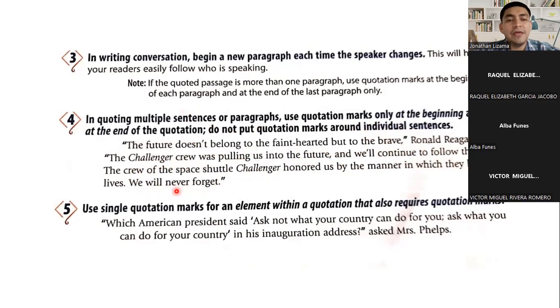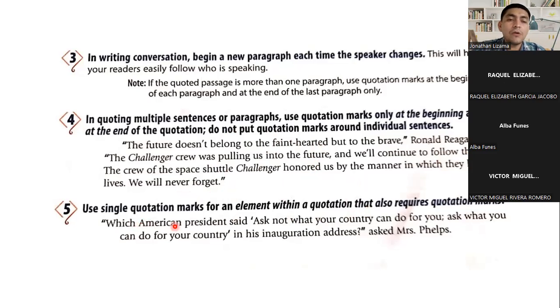The crew of the Space Shuttle Challenger honored us by the manner in which they lived their lives. We will never forget them. So in this case, you can see we are opening a quotation mark, porque son varias oraciones las que mencionó el autor. Por eso es que no hemos cerrado las comillas de un solo.